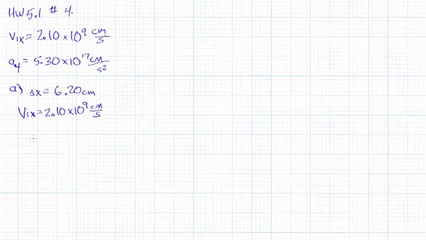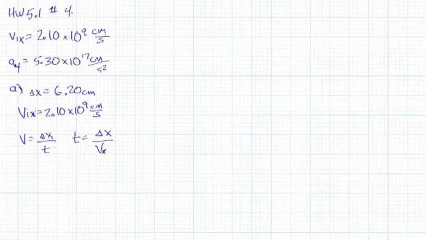If you recall, the generic equation for velocity is displacement over time. To solve for time, time equals displacement divided by velocity. In this case, it's all in the x direction, so you might want to put Vx right there.